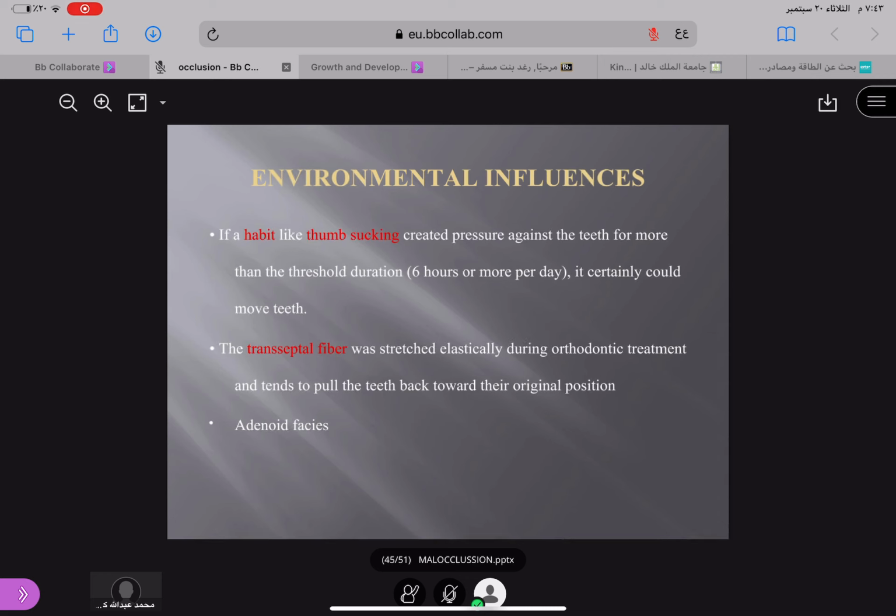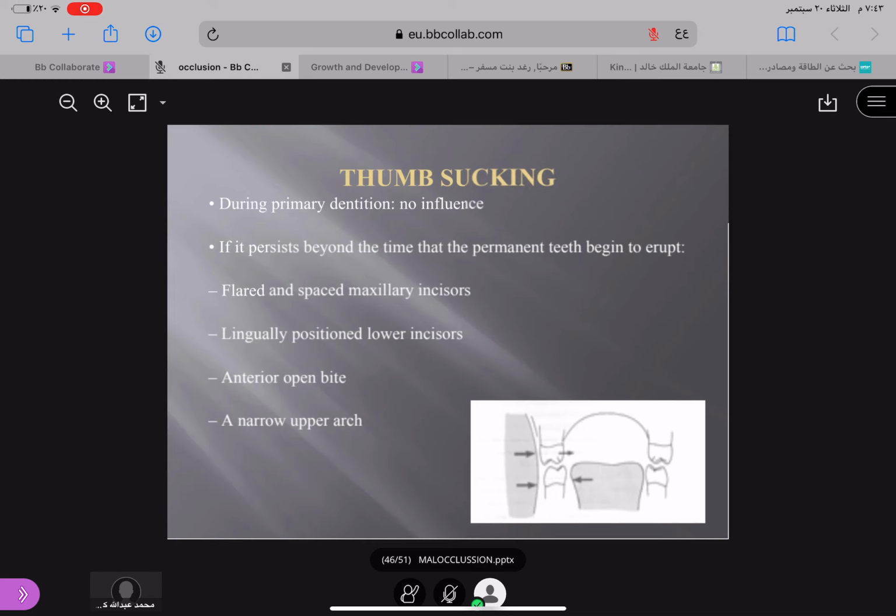Now come the environmental influences, the habits: thumb sucking, tongue thrusting. As you explained, thumb sucking, what happens during thumb sucking? If the thumb sucking persists after 8 years of age, it results in open bite, flared and spaced maxillary incisors, lingually positioned lower incisors.